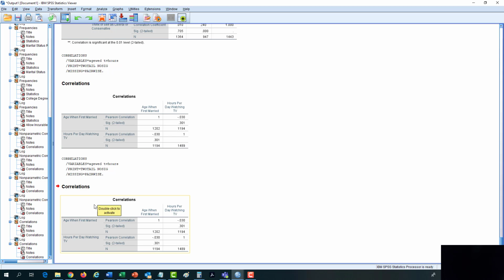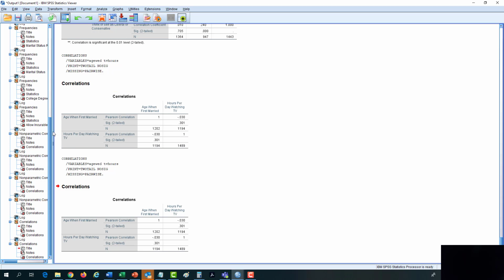And here's a real easy table to read. All you have is 2 variables. So all you're going to look at is how old were you the first time you got married? The relationship between that and hours per day watching TV. Okay? It's a negative, really weak relationship. 0.030 is so close to 0 that it's almost non-existent, but we'll give it a week.